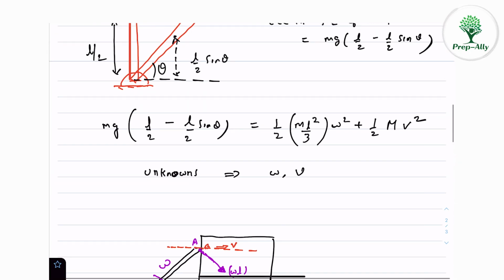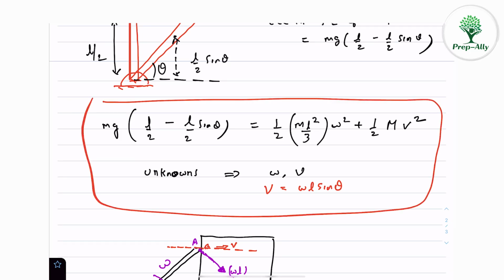So we got v equal to omega L sin theta. From here we will get v or omega as a function of angle theta. So this is point number 1.